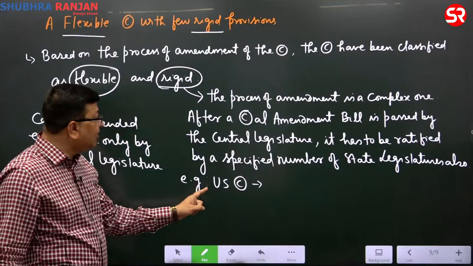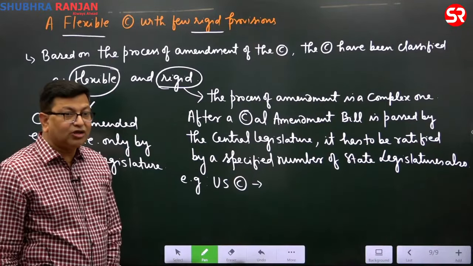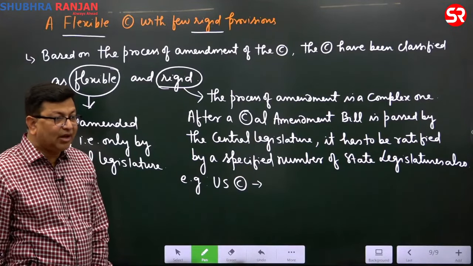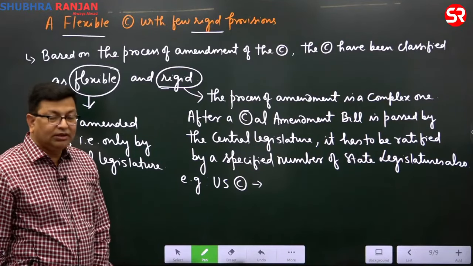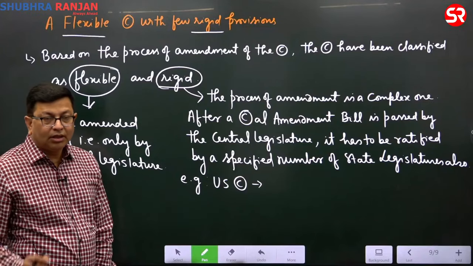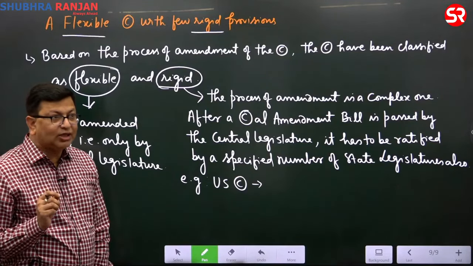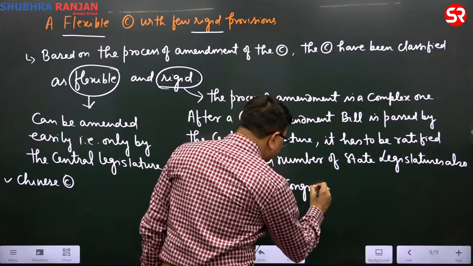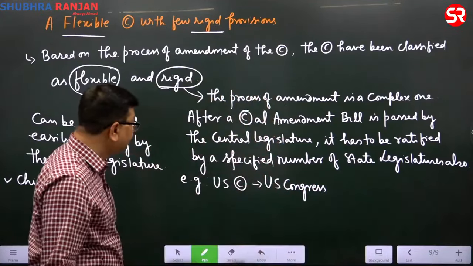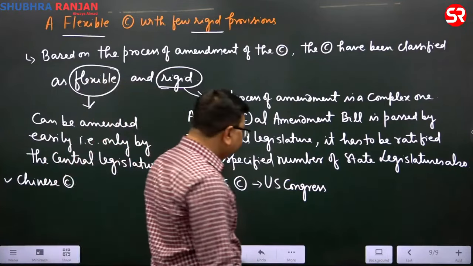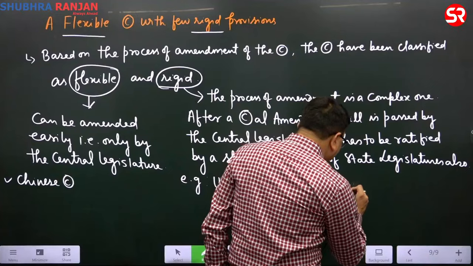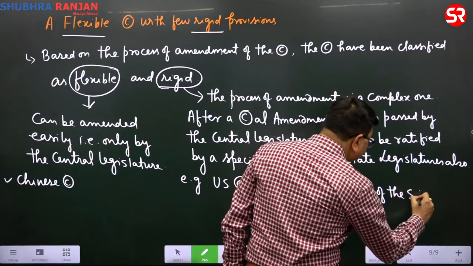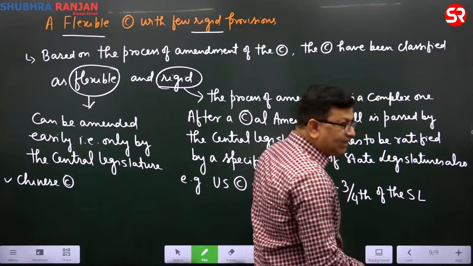After a constitutional amendment bill is passed by both the houses of the US Congress, it has to be ratified by 3/4 of the state legislatures.